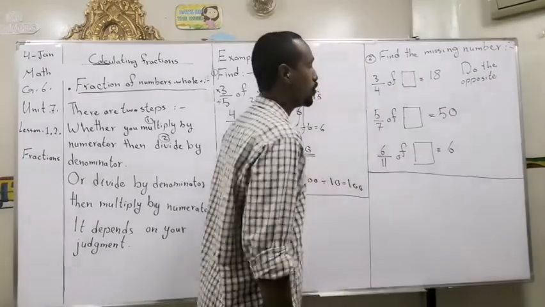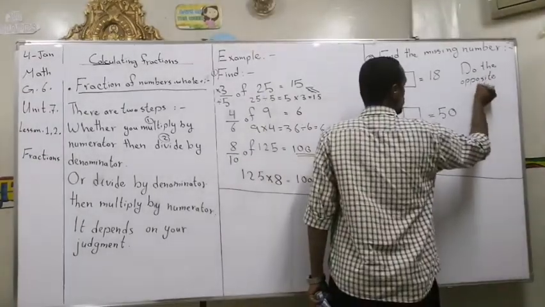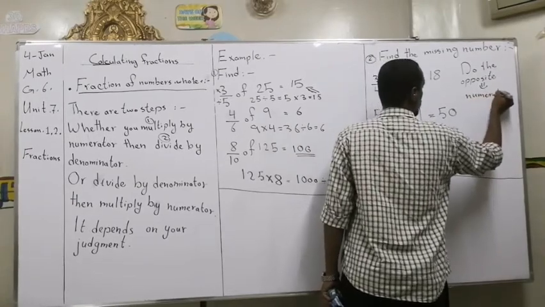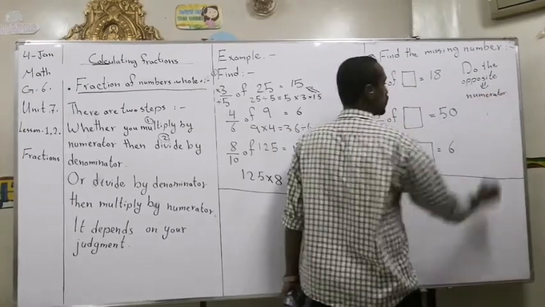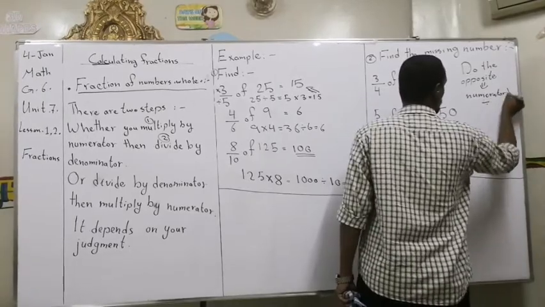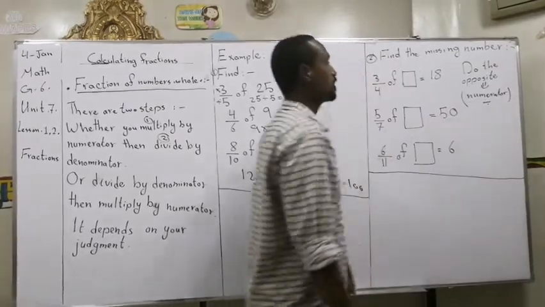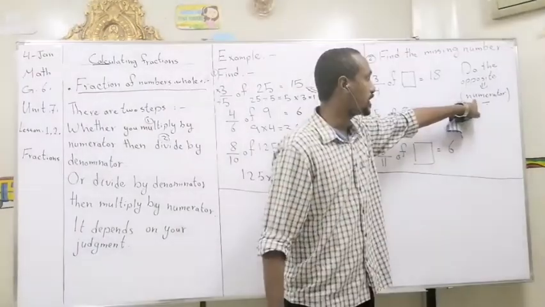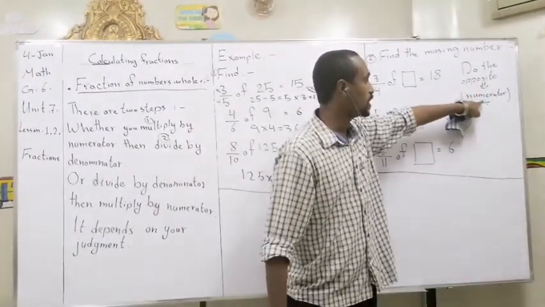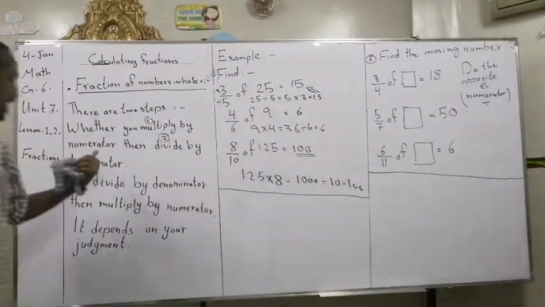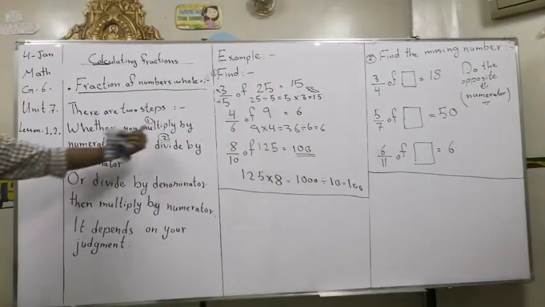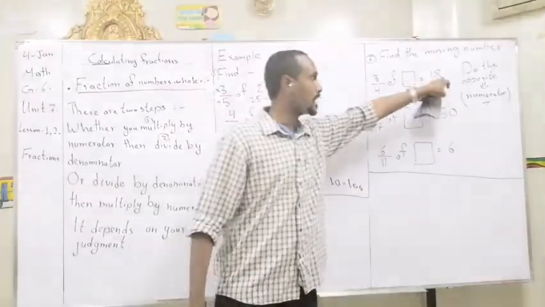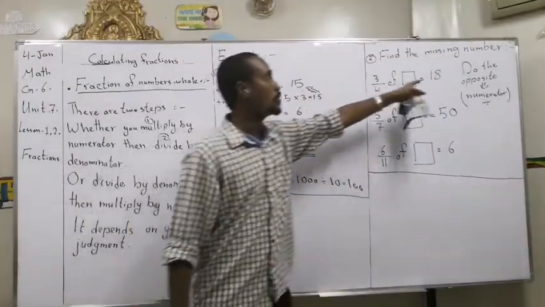When I say do the opposite, that means the numerator, instead of multiplication, it will be division. Here, the numerator refers to multiplication. But when I find the missing number on the left, not on the right as I used to, I'm going to do the opposite.